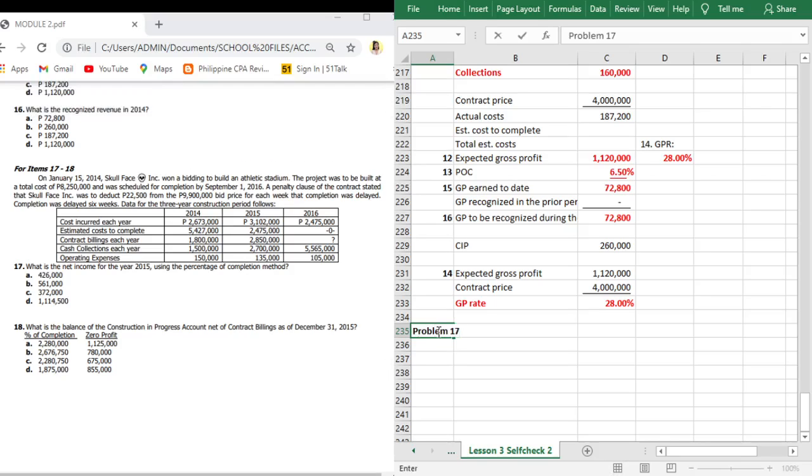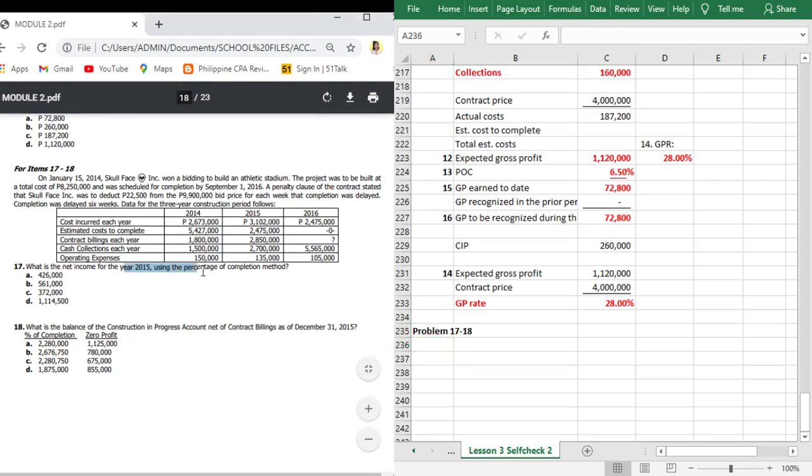Problem 17 to 18. What is the net income for 2015 using the POC and CIP net of contract billings based on percentage of completion and zero profit? Okay. On January 15, 2014, Skullface Incorporation won a bidding to build an athletic stadium. The project was to be built at a total cost of $8,250,000 and was scheduled for completion by September 1, 2016.